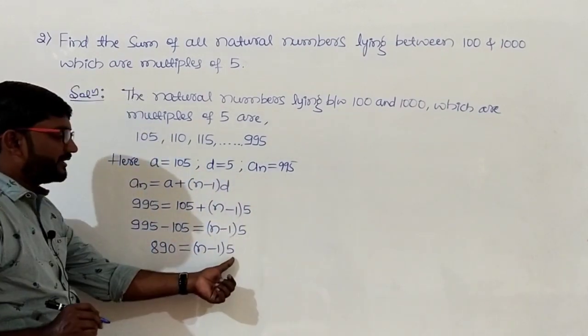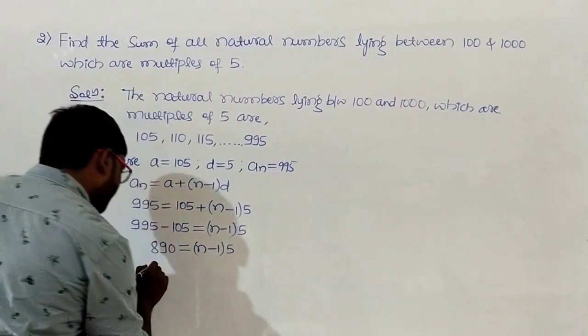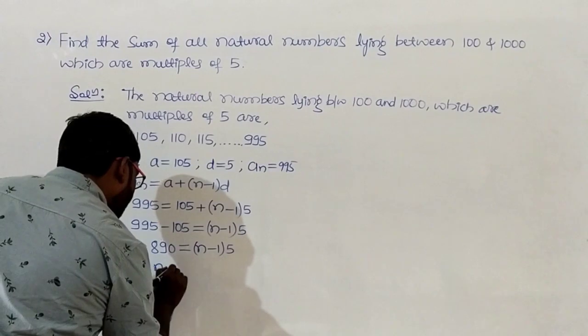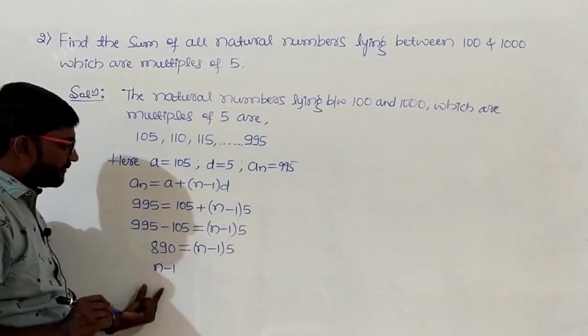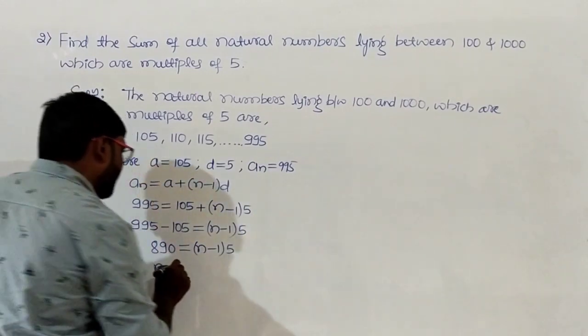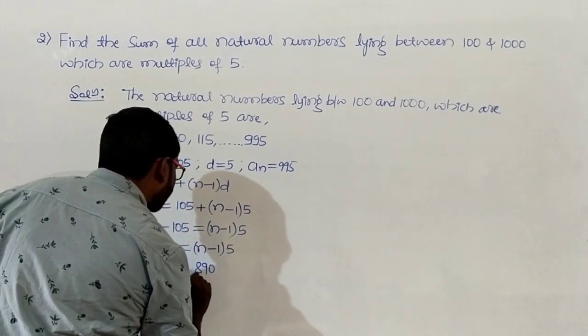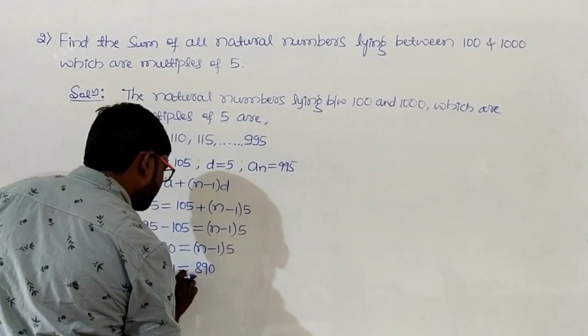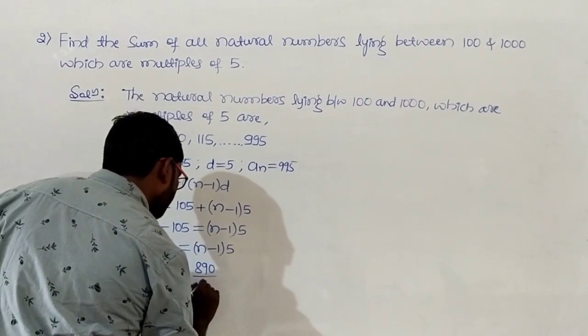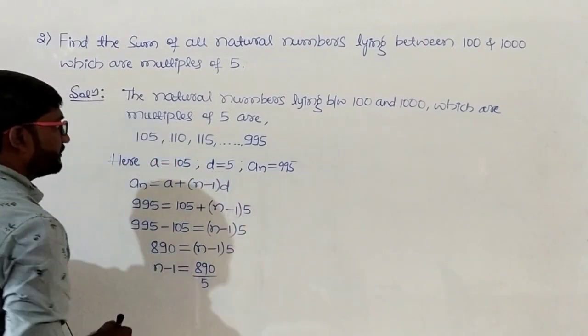Now take 5 to the left hand side, it goes to the denominator. So we get n minus 1 equal to 890 divided by 5. Now simplify this, how much do you get?